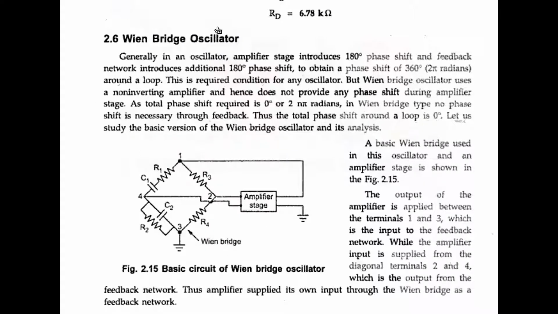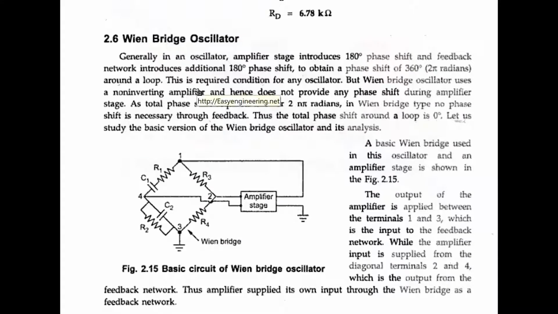However, in the Wien-Bridge oscillator, the feedback network provides 0 or 360 degrees. 360 into 2, same; 360 into 3, again it is same. 0 degrees, 360 degrees, 720 degrees, all are equivalent to 0 because again you come back to the same point in the circular position.